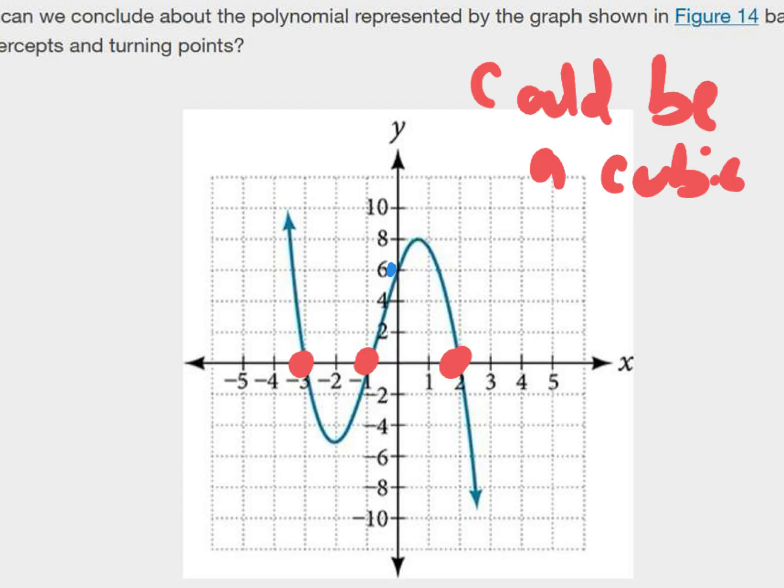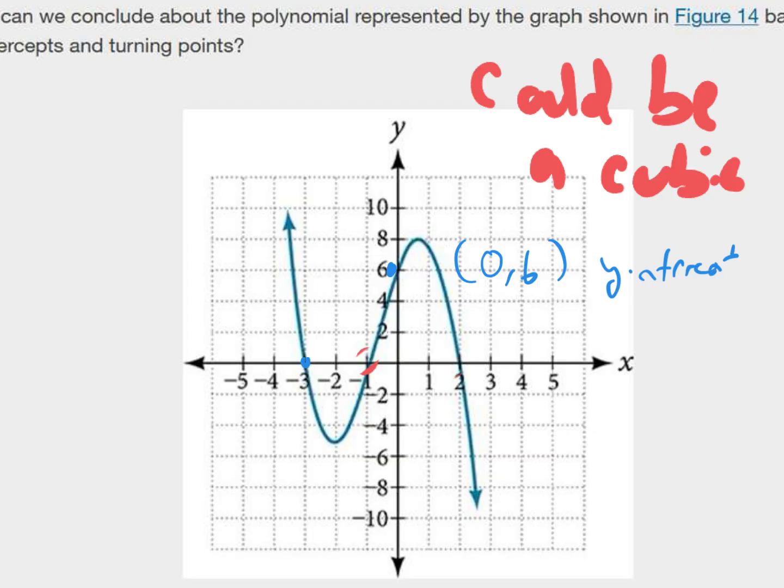And I don't know if these x-intercepts look good or not. Let me erase my dots here. They look really, really good. I'm going to call it 0.6 to be my y-intercept.